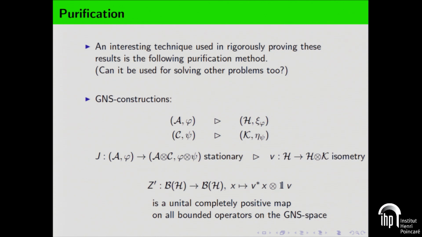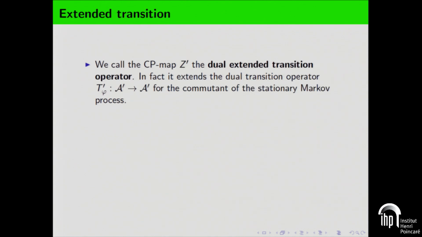So not just on A, but on all operators of the GNS space. This CP map, Z prime, we call the dual extended transition operator. The reason for the name is that it extends the dual transition operator T prime from A prime to A prime on the commutant of the Markov process. But that's not so important for the following. That's just the explanation for the name.